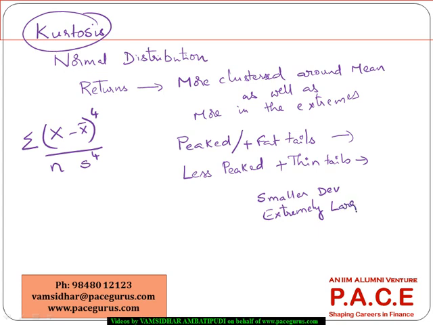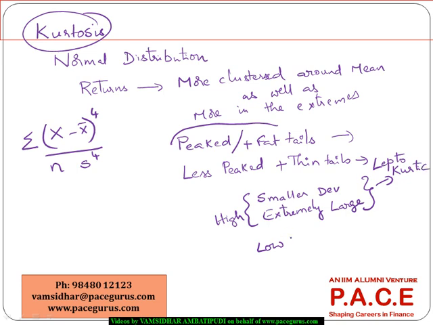Some distributions can have very high values on both counts, and some can have very low on both. Whenever there is a greater proportion of very small deviations as well as a greater proportion of very large deviations, they are called leptokurtic distributions.